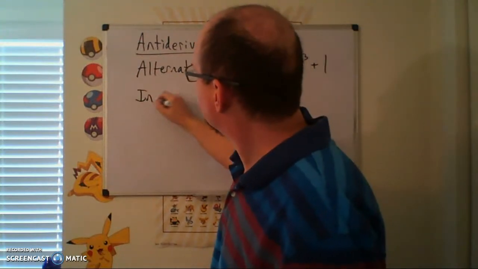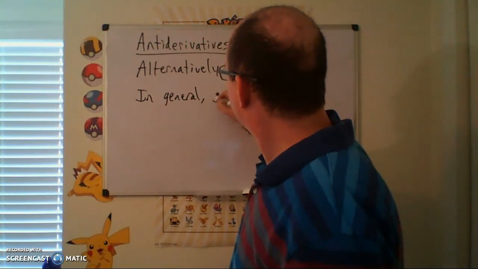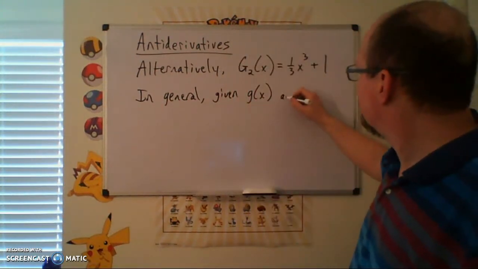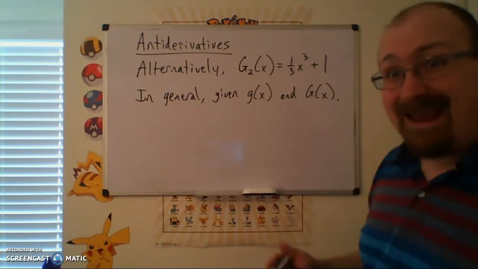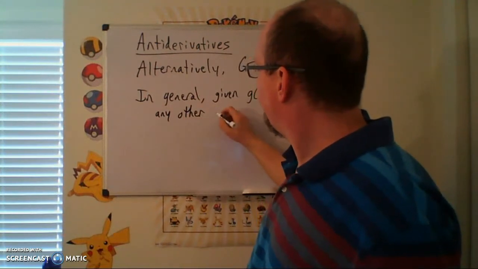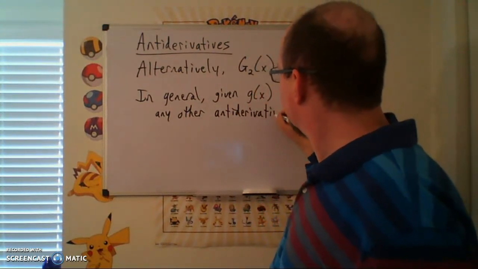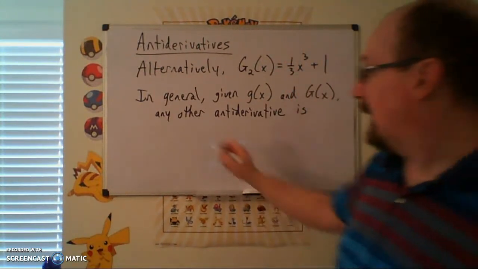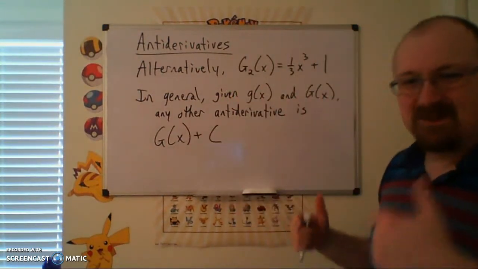So in general, if we have a little g of x and a big G of x, any other antiderivative is going to look like the first one we found plus some constant c.